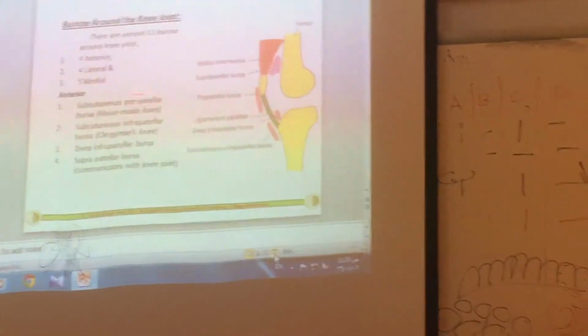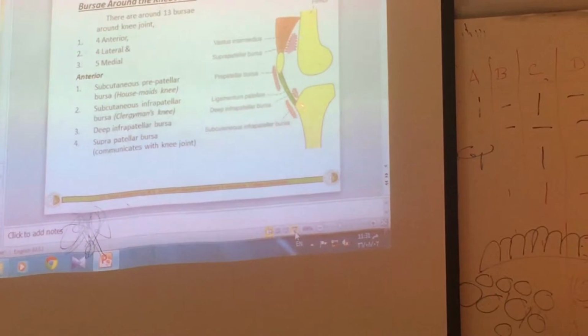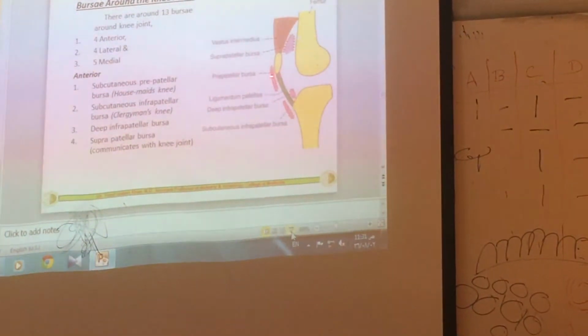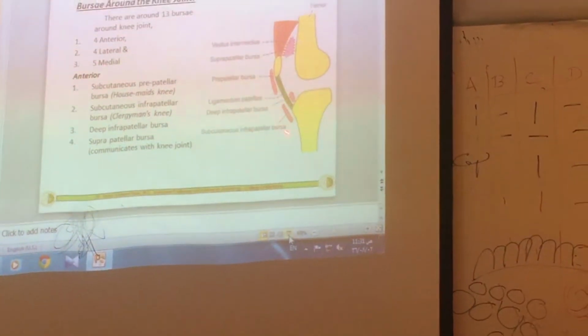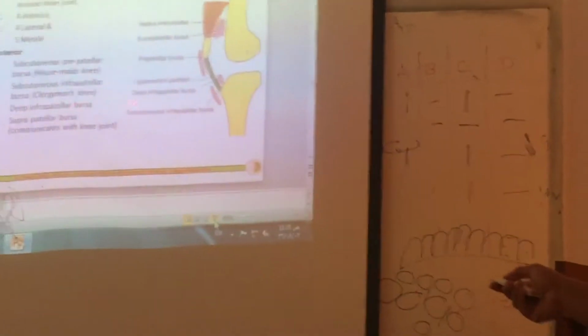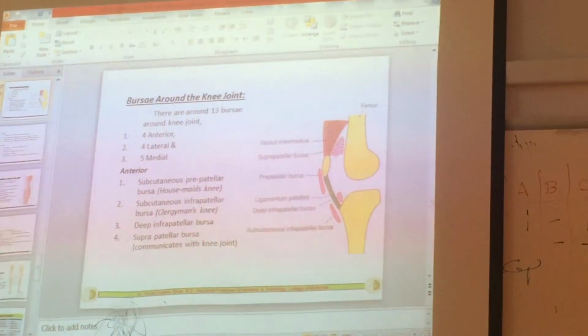Okay, second is the subcutaneous infrapatellar bursa. There is a bursa here. This is called the subcutaneous infrapatellar bursa. This is the prepatellar, in front of the patella; this is below the patella. That's why it is called infrapatellar. Okay, this also gets infected, especially in clergymen, the popes and the Christian fathers. Whenever they pray, they kneel on the knee.